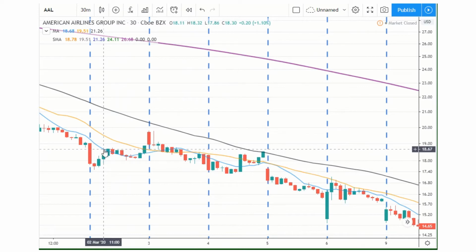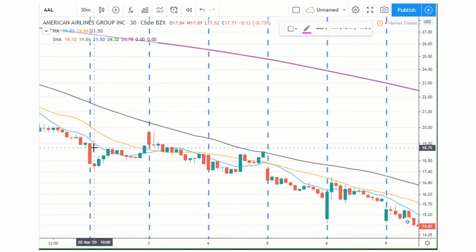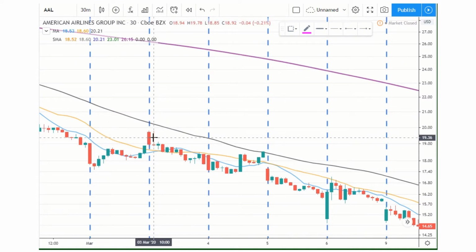It closed at 18.79. And as you can see, the stock basically was moving down, was falling. The second day of the week, again, it opened with a red candle, a large red candle. That's very symbolic of which direction usually the market's going to go. So the stock went down.